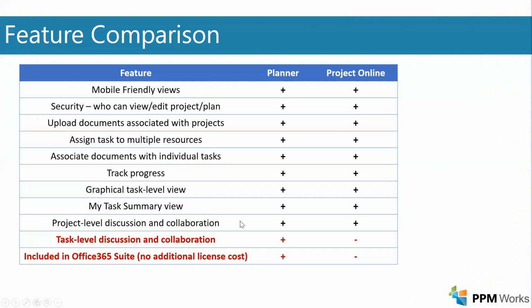When you get down to some of the more collaborative things, task-level discussions and collaboration, and included with the Office 365 suite, that's where Planner is going to be your best friend, because it's more of a collaborative kind of Office 365 minded environment, and it's included in the Office 365 suite. Okay, so at no additional license cost. As I mentioned, that's big.